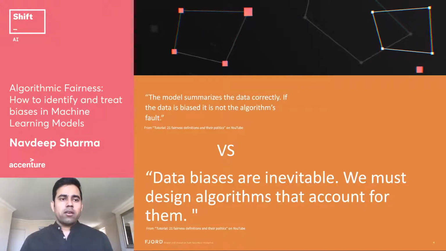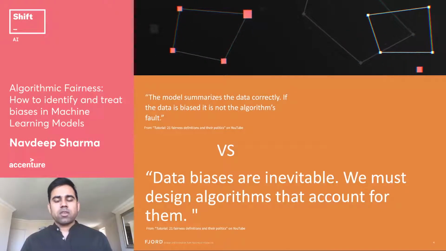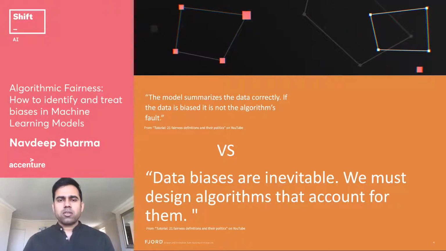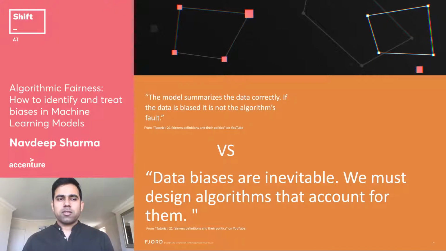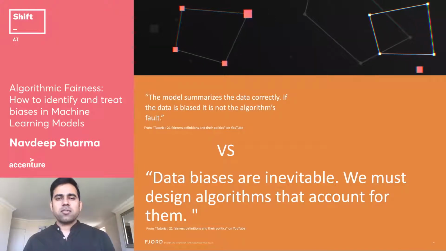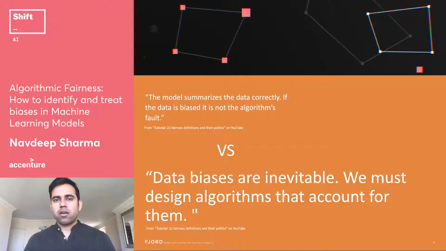In designing the solution, looking into the fundamental thought process of different data scientists, there are two very contrasting thought processes. First, the model summarizes the data correctly. If the data is biased, it's not the algorithm's fault.